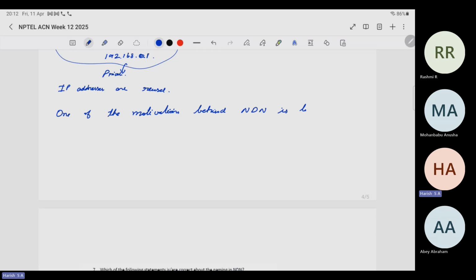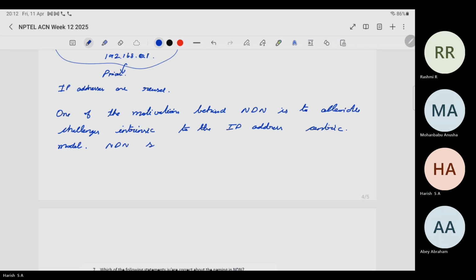NDN is to alleviate challenges intrinsic to the IP address centric model. So how does it do it?